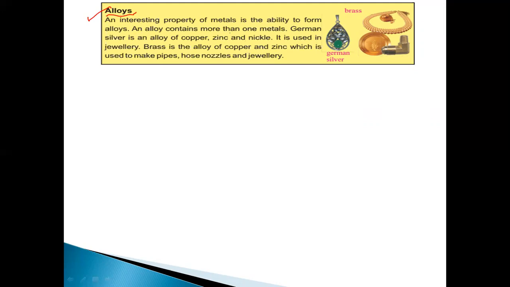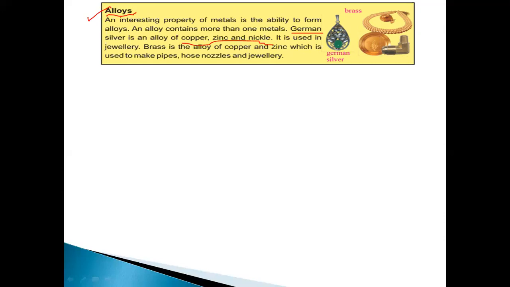So alloys contain more than one metal. We heat different metals, and then we mix them together, and they form another substance that is called an alloy. For example, German silver is an alloy of copper, zinc, and nickel. They are all melted and mixed together, and they form a different substance that is called German silver.